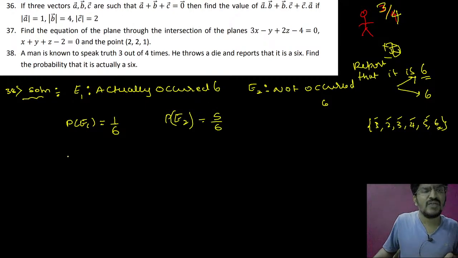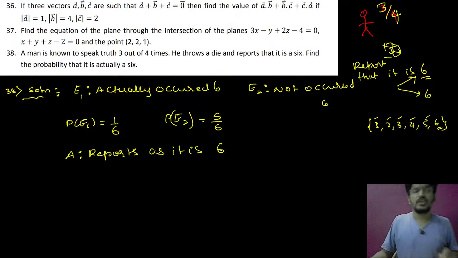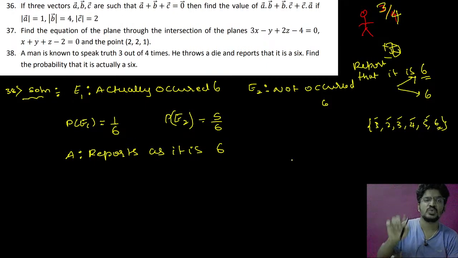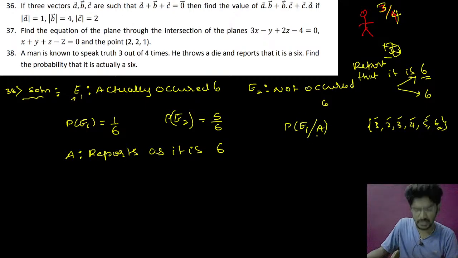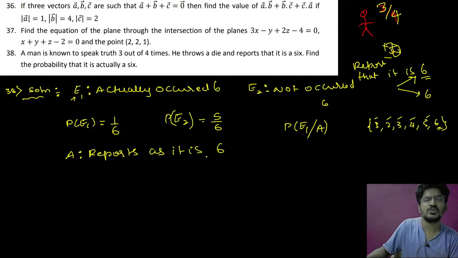Now I will take event A, that he reports it is 6. What we have to find is the probability that actually it is 6. That means the probability of E1, that actually it is 6, given that he reports it is 6, A, and he is speaking truth.